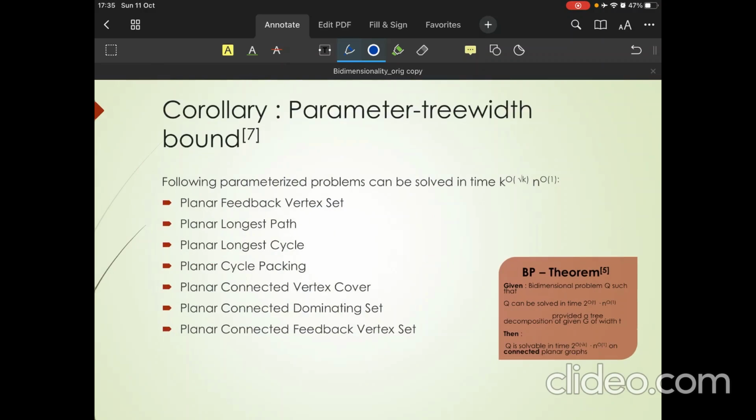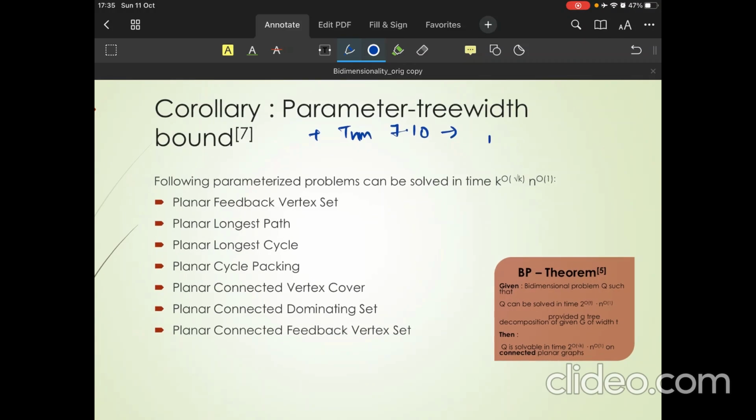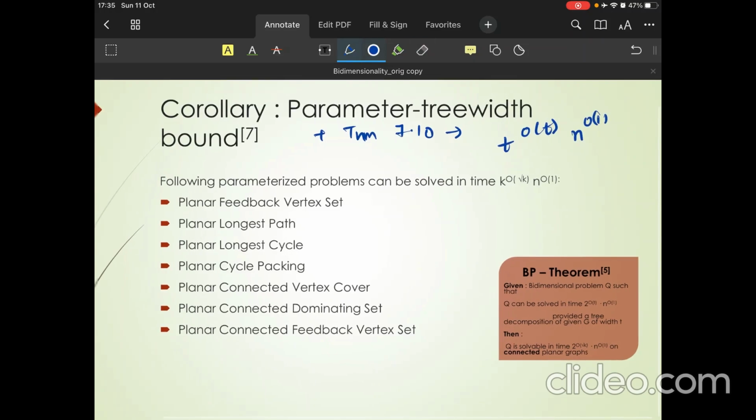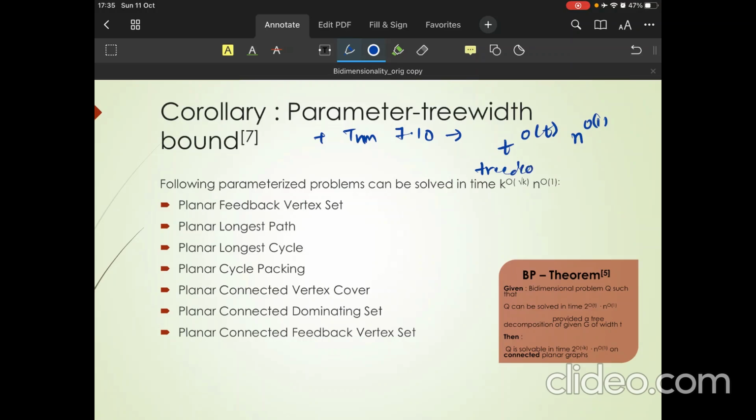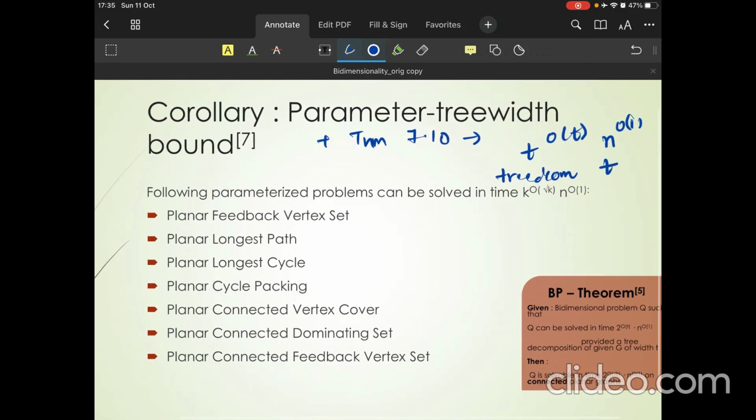Again, this is a corollary based on the treewidth bound theorem, and another theorem which we will not discuss, theorem 7.10, which gives DP formulations running in time 2 power order t times poly n, given a tree decomposition of width t. So all these problems have this running time.